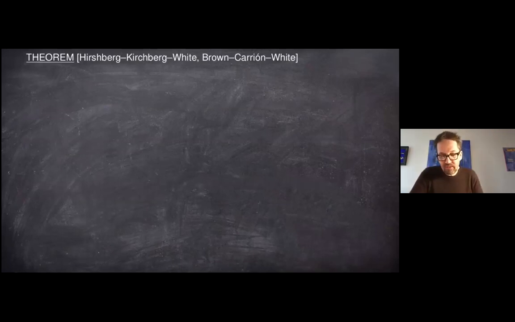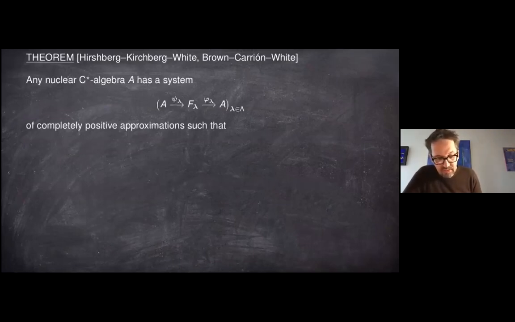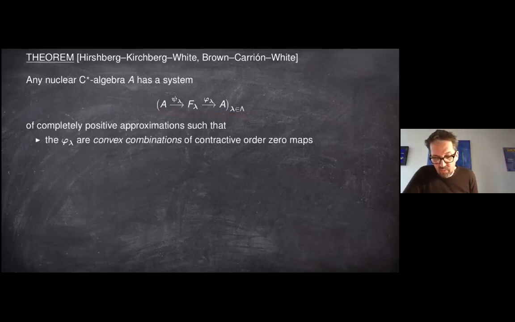So here's a theorem which is a combination of work by Hirschberg, Kirchberg, White, and Brown, Carrion, White. It goes as follows. Suppose you have an arbitrary nuclear C-star algebra A, and then there's again a system of completely positive approximations as before, but in addition, we can write the phi^lambda as convex combinations of contractive order zero maps.